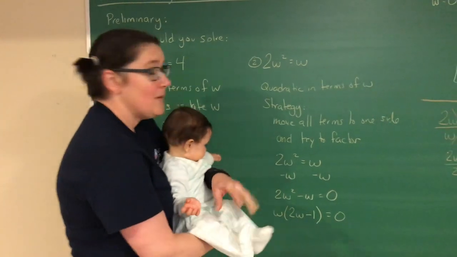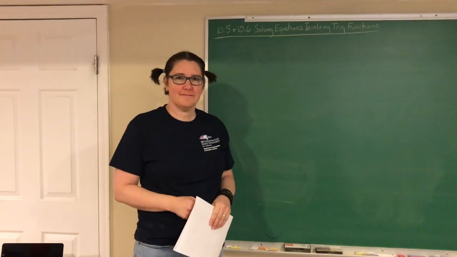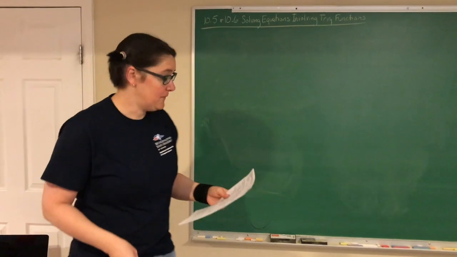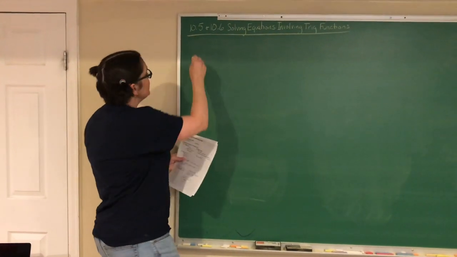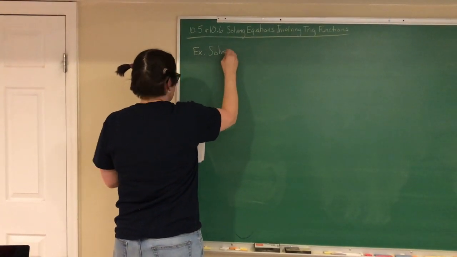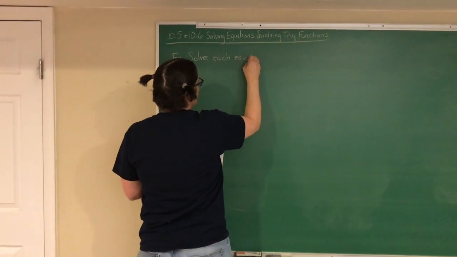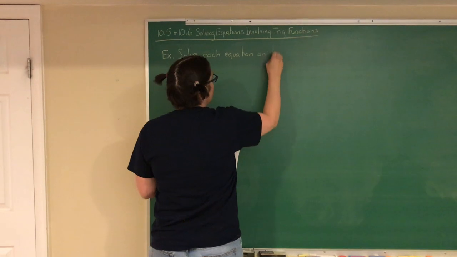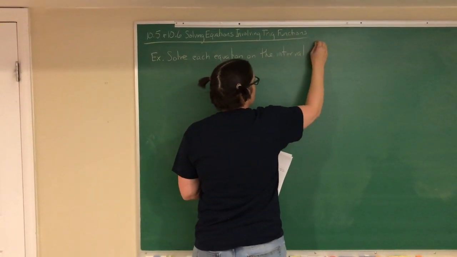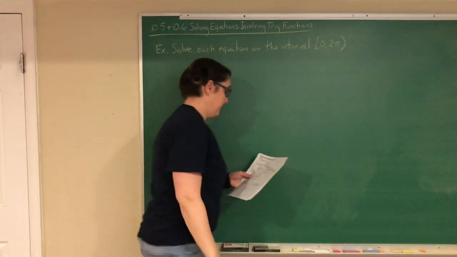Okay, so now that we've talked about the algebra of this, we want to incorporate the trig functions. So now we are ready to talk about some equations that actually involve trig functions. We're going to look at 2 examples today. In both of these examples, our instructions are to solve each equation on the interval from 0 to 2 pi.